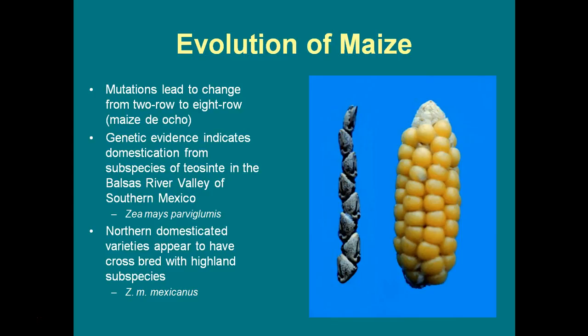And this highland subspecies gave the new hybrid certain characteristics that increased its success at growing at higher elevations, with colder temperatures and shorter growing seasons. And this was key to allowing maize, a tropical grass, to expand its range via human propagation further north into North America, all the way up into southern Canada.